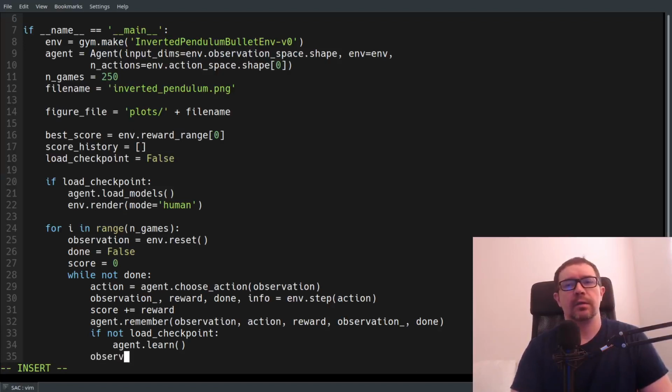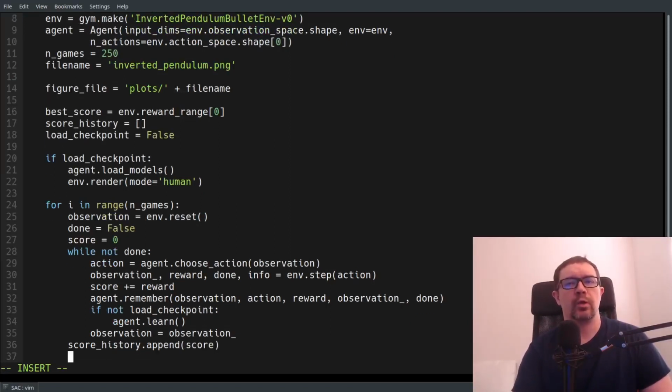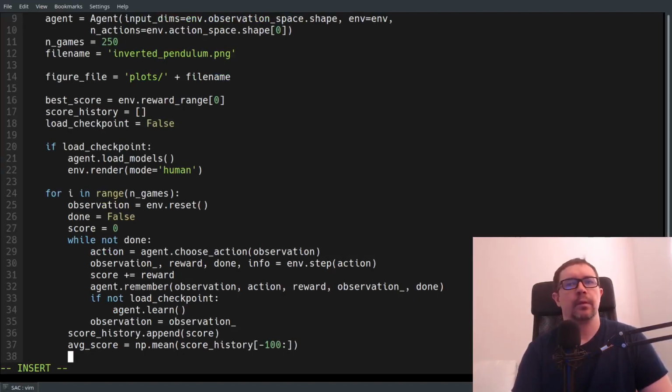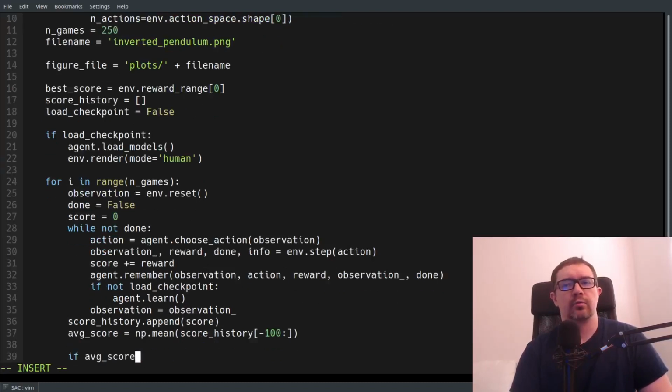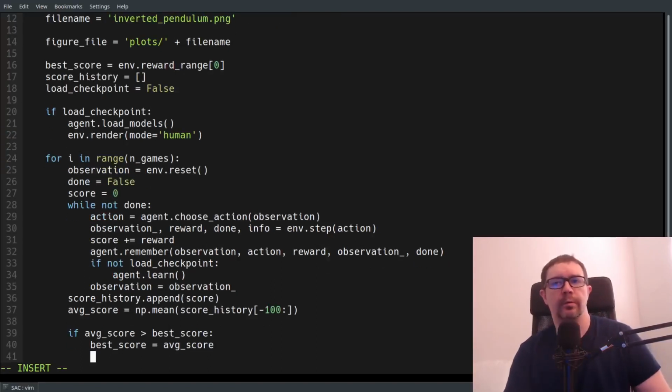Then we set the observation to the new state. So then at the end of every episode, we append the score we achieved and calculate the average score as the average of the previous 100 games, and say if average score is greater than the best score, best score equals average score.